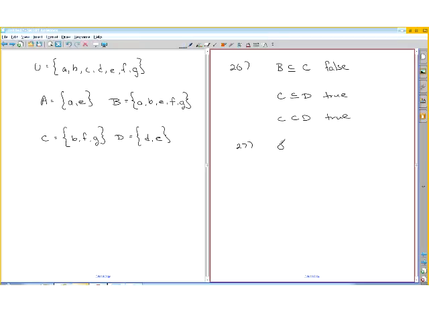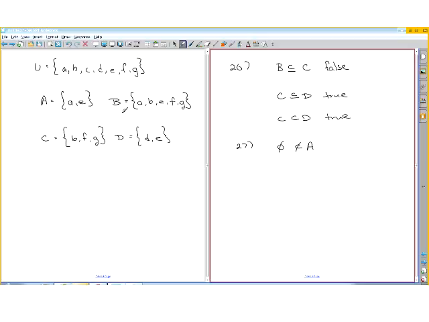27. The null set is not a subset of A. Well, the null set is a subset of every set. That means it has no elements in it. I think that's one of the rules here as far as the null set.